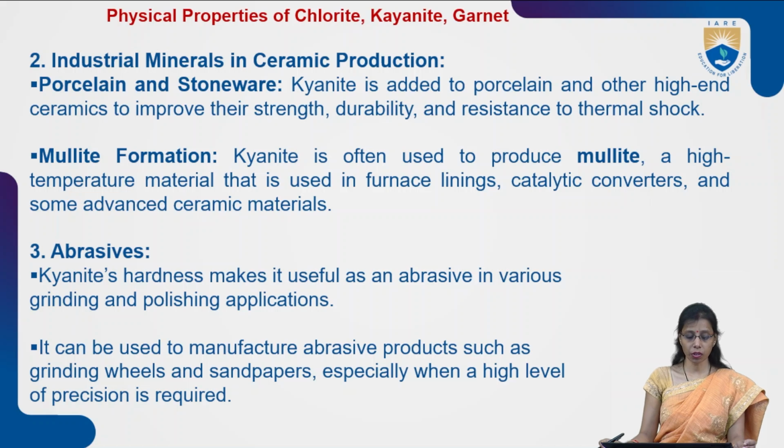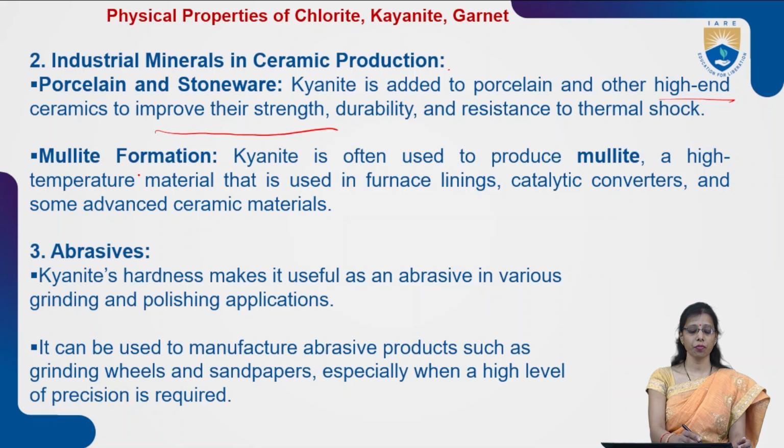Now, industrial uses. In ceramic production, it is used in porcelain and stoneware. Kyanite is added to porcelain and other high-end ceramics to improve their strength, durability and resistance to thermal shock.